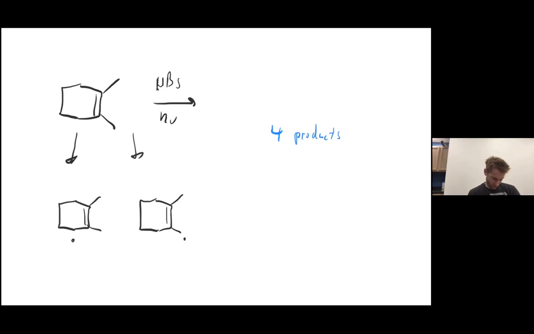So each of these will lead to a product. They both will have resonance.